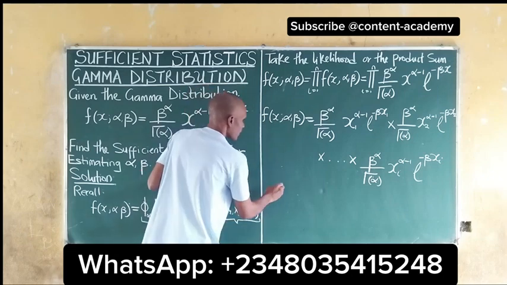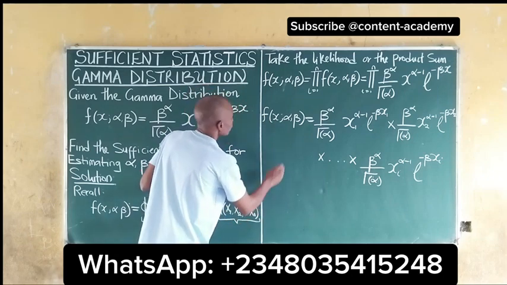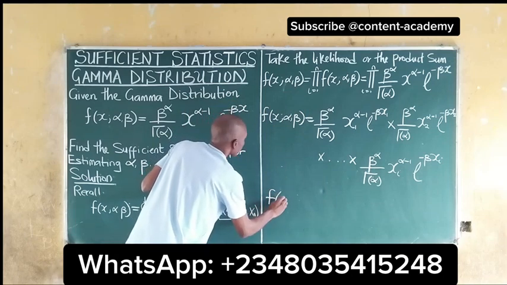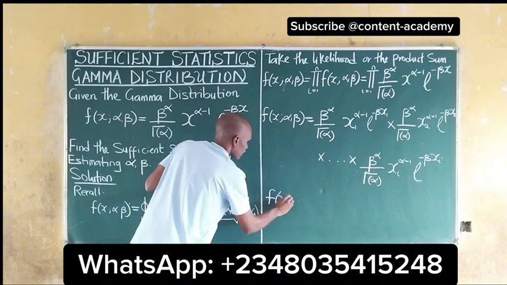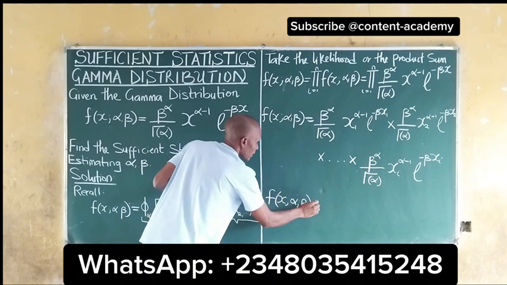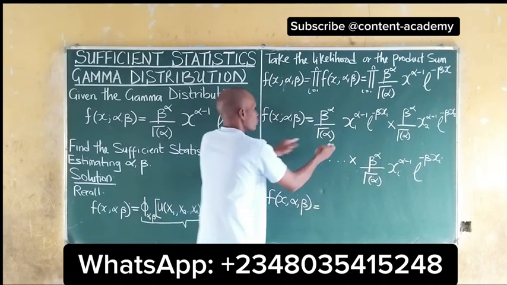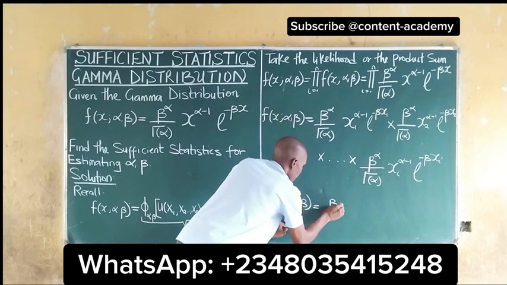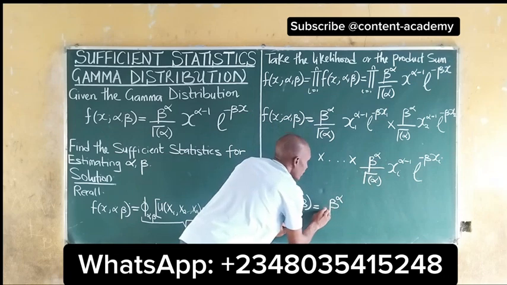So our likelihood function, f of x given alpha and beta, is equal to beta alpha all over gamma alpha.